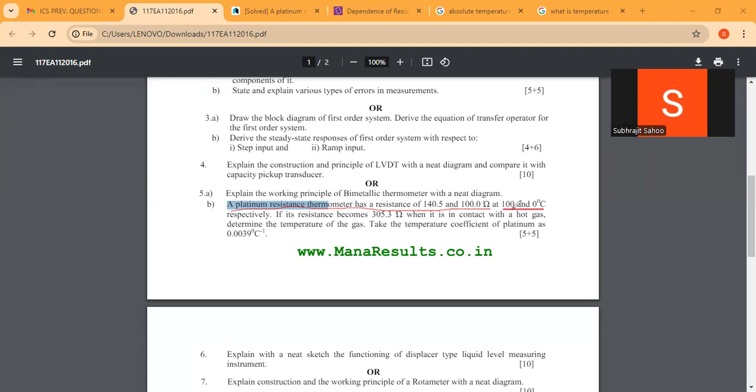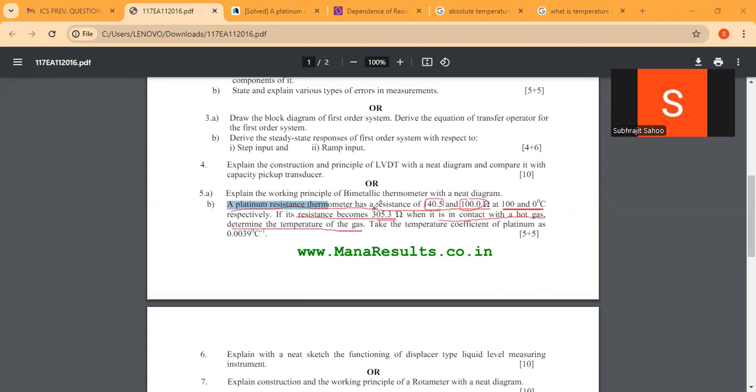If the resistance increases to 305 when it contacts hot gas, hot gas means we are heating the material. Determine the temperature of the gas.